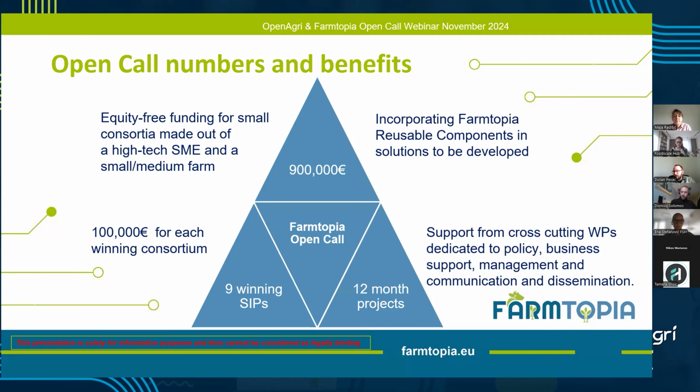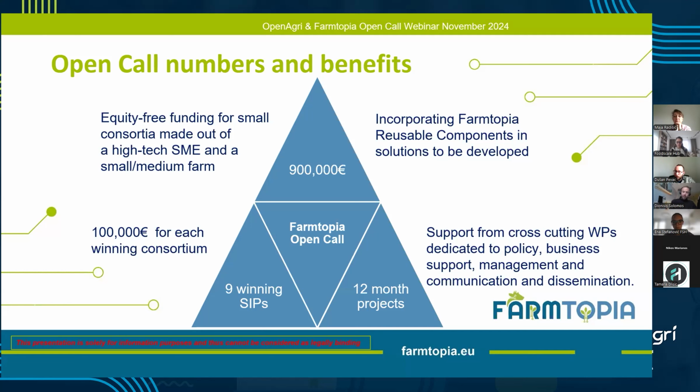However, these deliverables will need to be approved by our internal Farmtopia relevant experts, and the winners will be asked to keep this documentation for a period of 5 years after, in case the European Commission would like to carry out an audit on any of the funded activities.